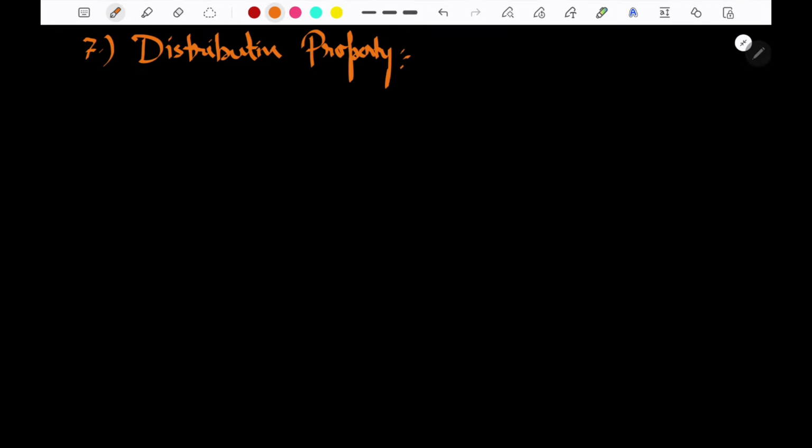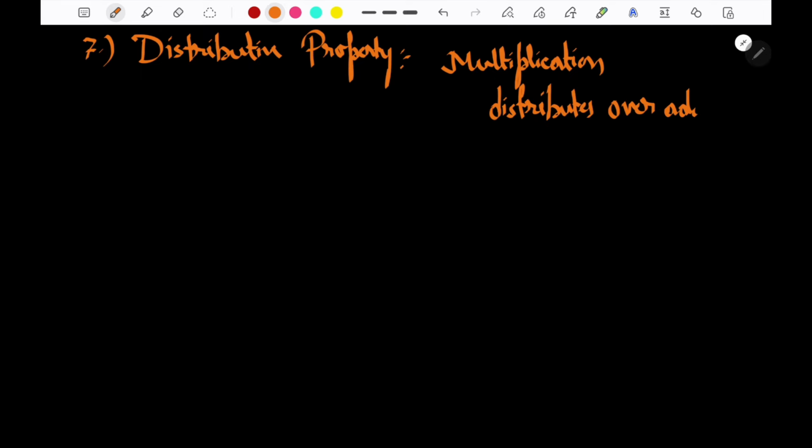Like we know the distributive property for multiplication, that multiplication distributes over addition. Likewise, for example, HCF distributes over LCM.